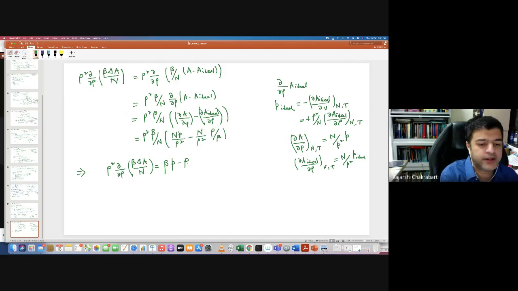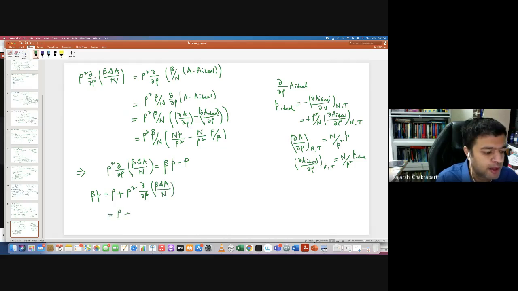So my beta p is equal to rho plus rho square times del rho of beta delta A by n, which is going to be rho plus rho square times the integral of minus half f(r) dr, because that was the expression.